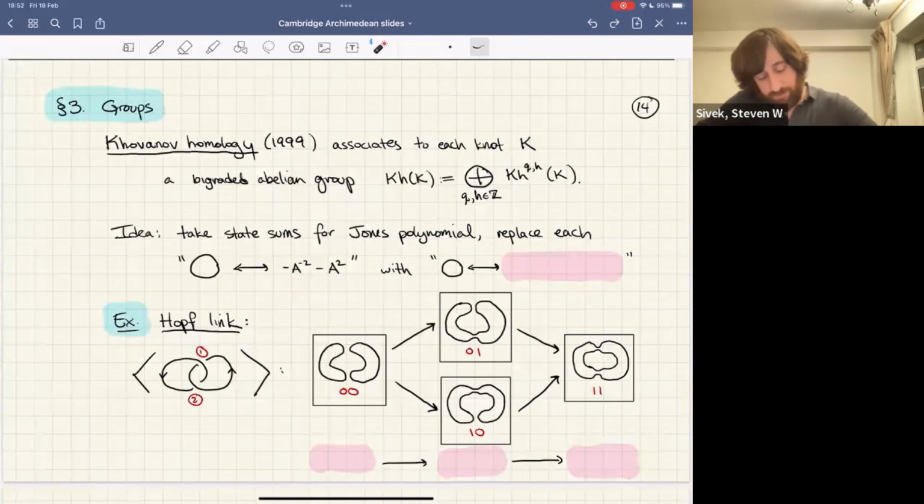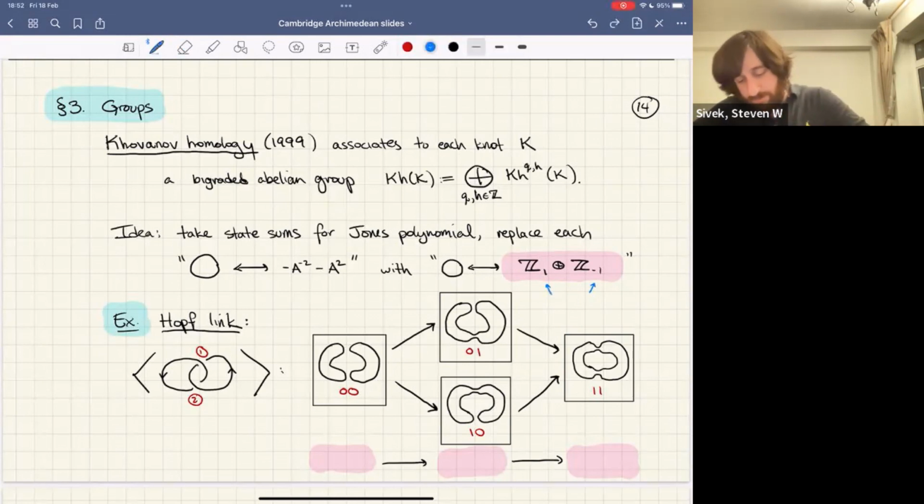And instead, what I'm going to suggest we do is we replace the circle with a two-dimensional vector space, or a rank 2 abelian group. And so I'm going to write this as z sub 1 plus z sub minus 1, where those subscripts are not like p-adic numbers for p is plus or minus 1, which doesn't make any sense, but we're going to think of this as the so-called Q grading.